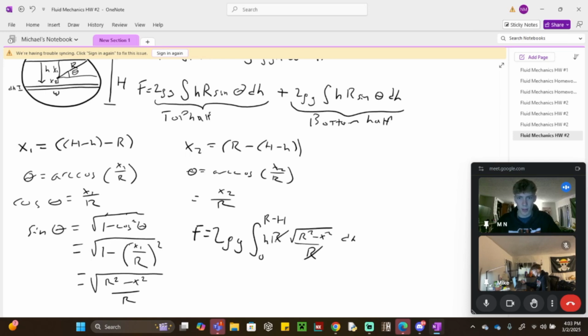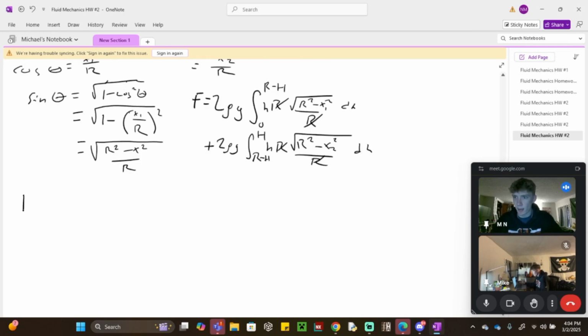We can see that these two R's cancel, so they're gone. Next, we're going to do our bottom half, so we get 2 rho g from starting where we left off, R minus H, all the way to H of h. Once again, we have R, and this is x1, by the way. I forgot to write that down. Square root of R squared minus x2 squared, since we're working on the bottom half, over R, dh.